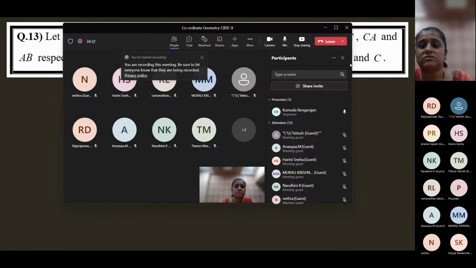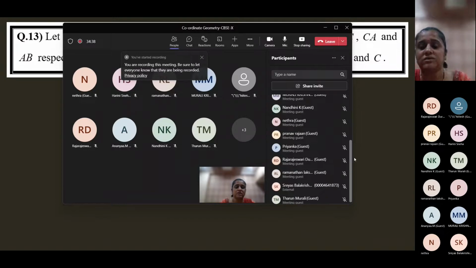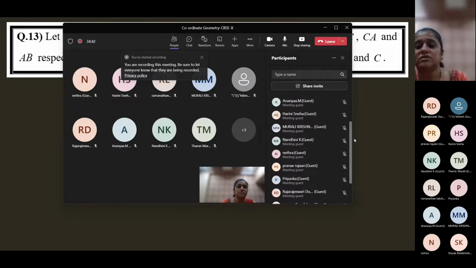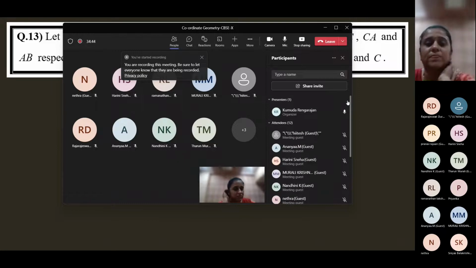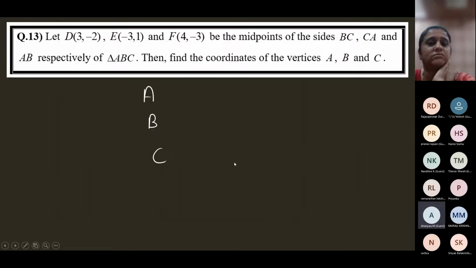Yes. Speak up. Hitesh, Ananya, Harini, Sneha, Murali, Nandani, Netra, Pranav, Priyanka, Rajarajeshwari, Ramanathan, Shreyas, Tarun. What happened? Say something. I started it a bit late, so I'm just doing this. Okay.